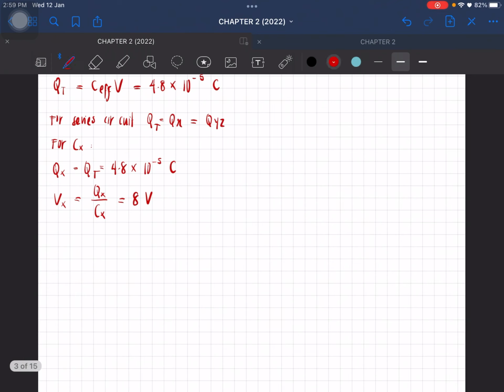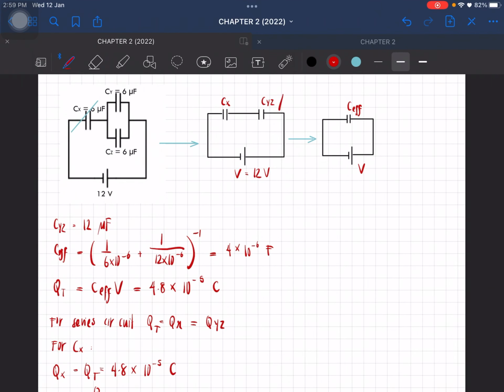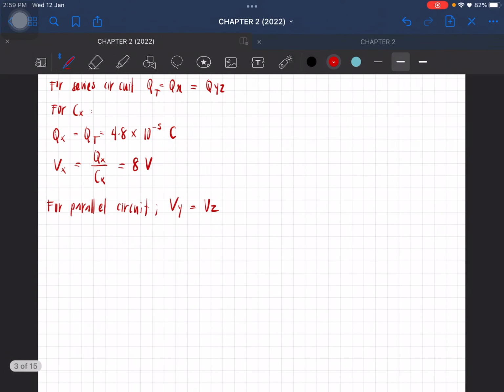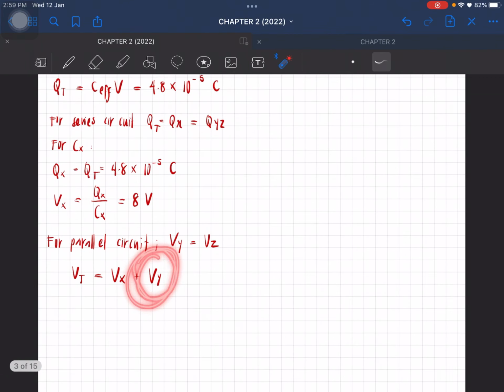Now for a parallel circuit, the voltage of capacitor Y should be equal to capacitor Z. In order for us to calculate that, we can just label VY here, because we can then use this formula, VT is equal to VX plus VY. So from here we can get the answer for VY.